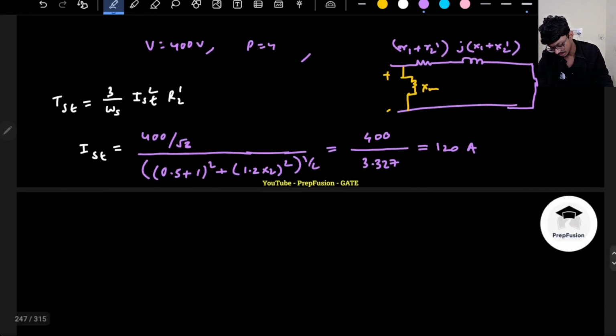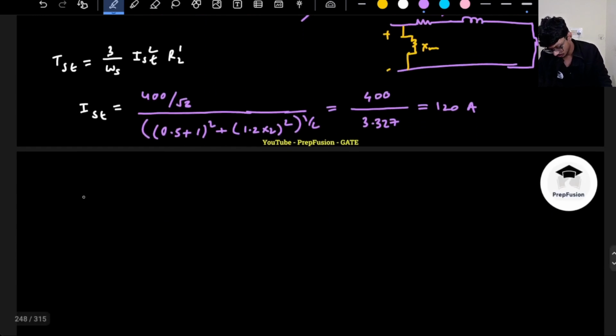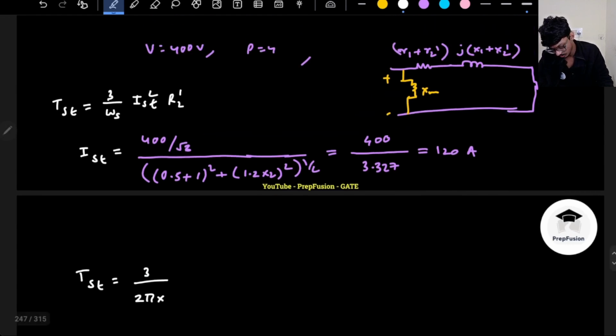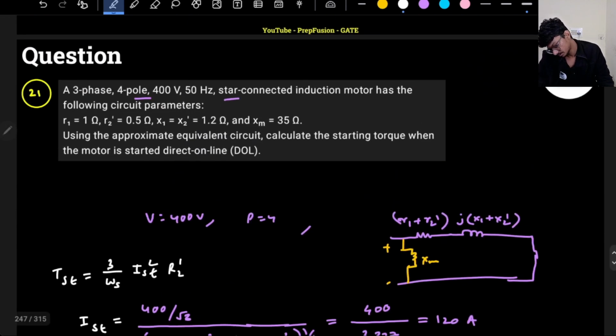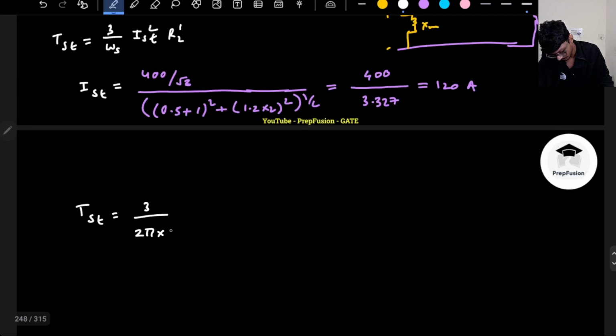Now we have to calculate the starting torque. So your starting torque will be 3 upon omega s. What is omega s? Omega is 2 pi ns. Ns I don't know. It is 2 pi f only, right? 2 pi into f, so 50, that is the frequency. Am I correct here? No, omega s is mechanical, don't mess this up.